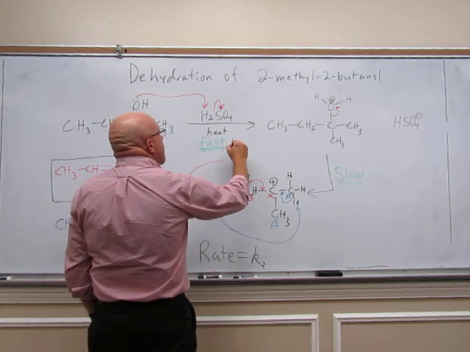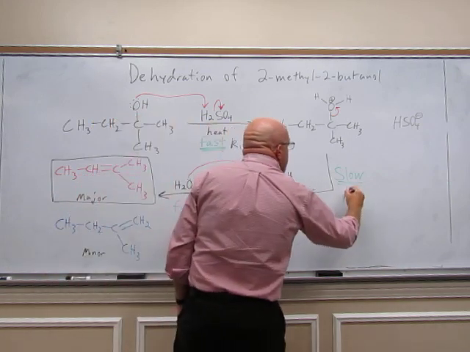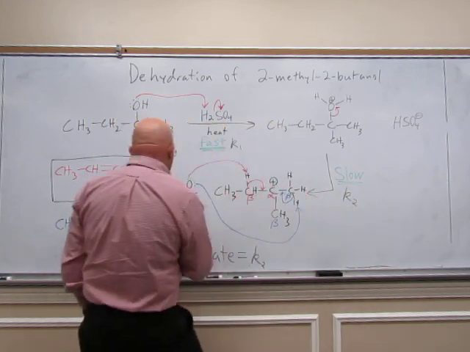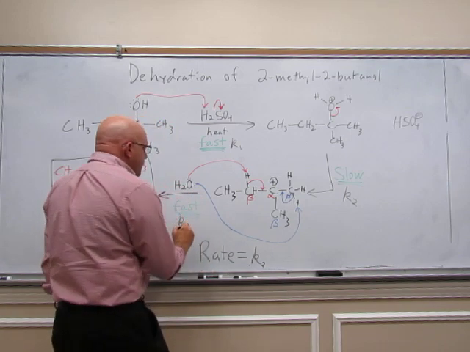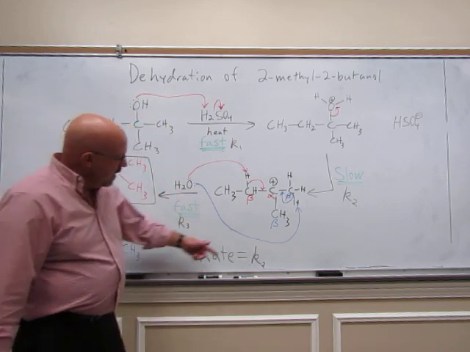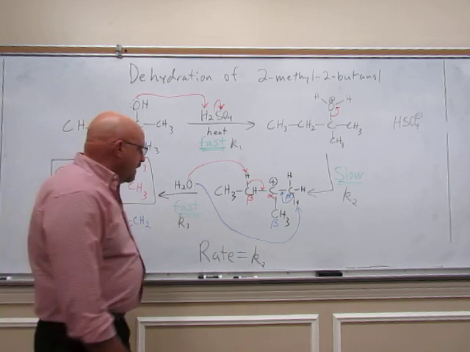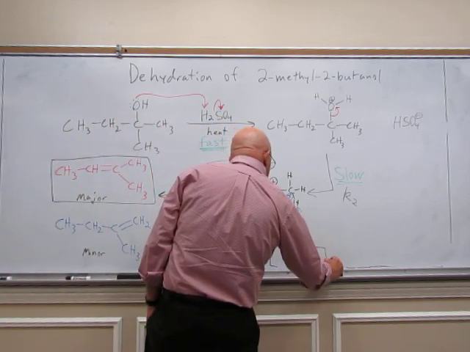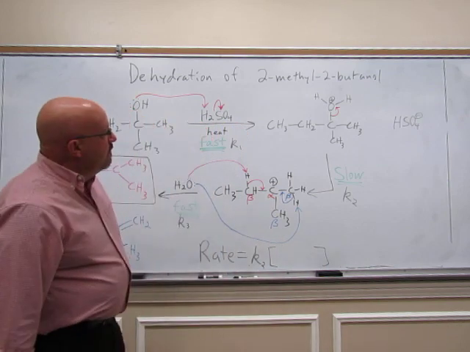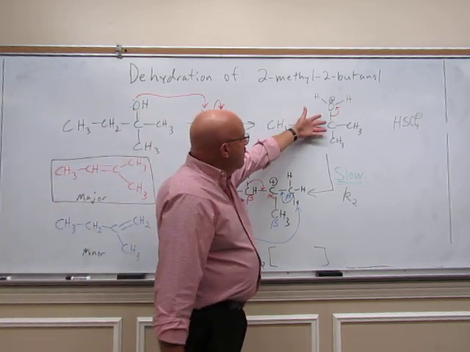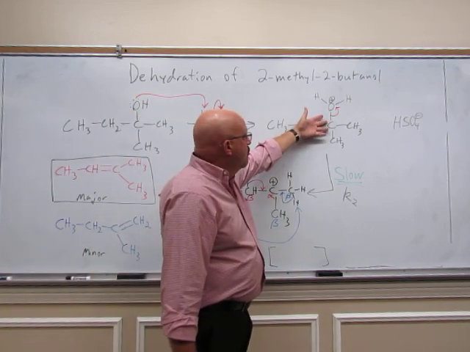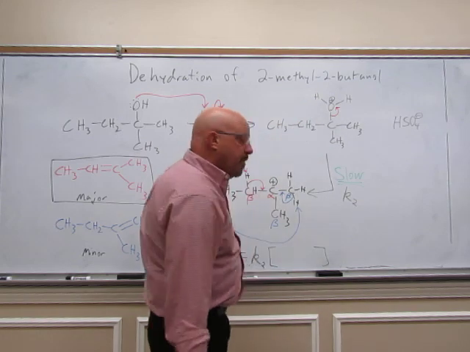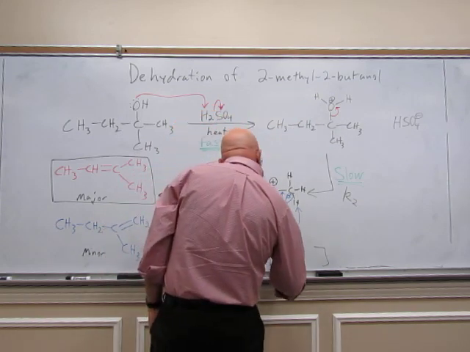We'll call this one k1, this one k2, and this one k3. That's our three steps. So it's the rate constant of our second step times the concentration of the species involved. What is involved? All that is involved is this protonated alcohol. We're just waiting for the water to leave off the protonated alcohol.